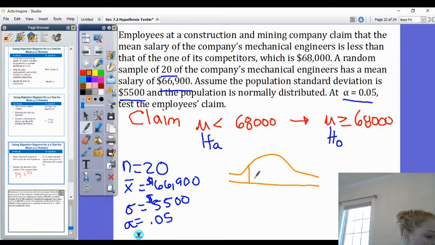So if I look at page 377, the z-score that corresponds to a significance level of 0.05 and is a left-tailed test is going to be negative 1.645. So what is that telling me? That's telling me if my z-score is smaller than negative 1.645, that it falls in the rejection region. And if it's not smaller, then it doesn't. Okay, so let's go ahead and find the z-score.